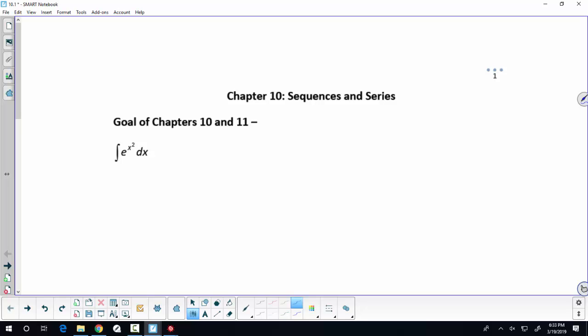Virtually the goal of chapter 10 and chapter 11 is to take something like, sorry, the smartboard's really weird, so bear with me. Something like the integral from a to b of e to the x squared, and convert that into an integral from a to b of, for now, we'll just say an infinite polynomial.